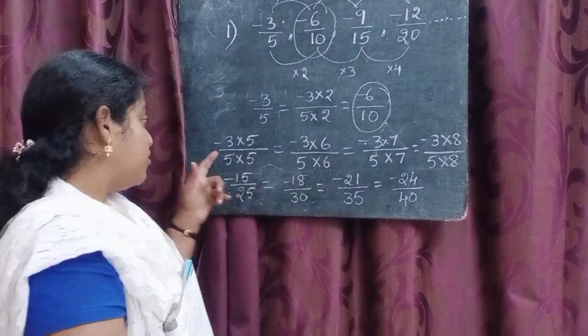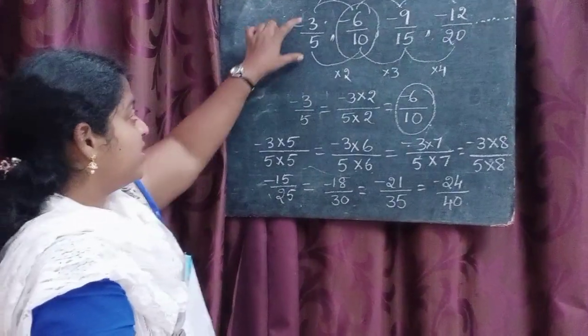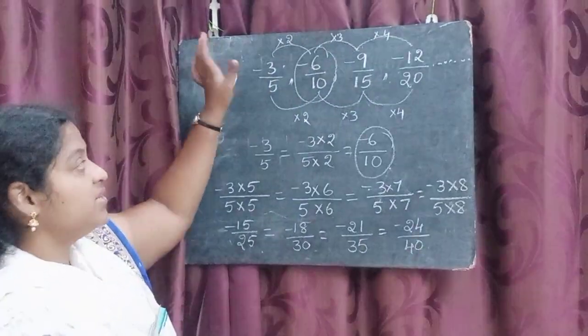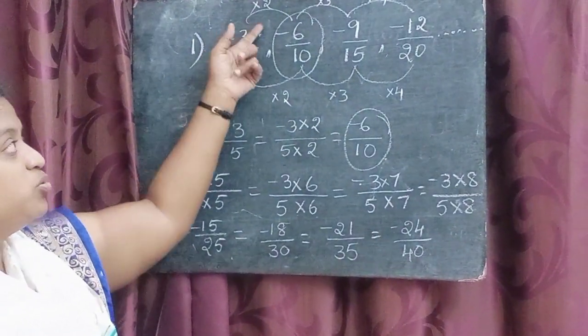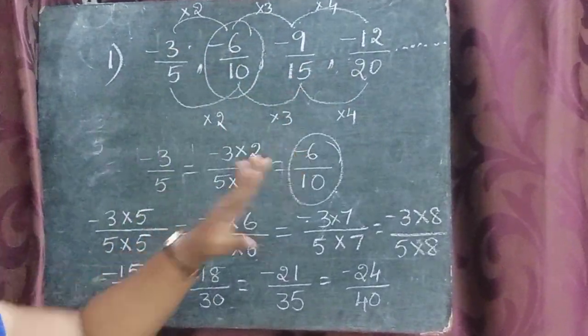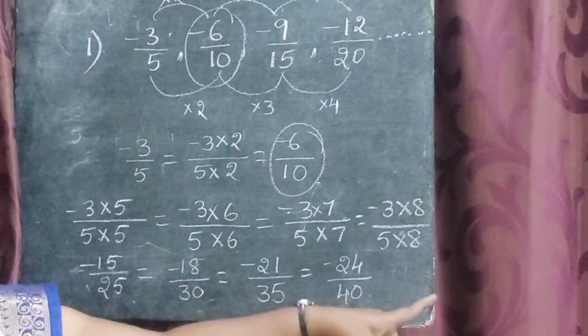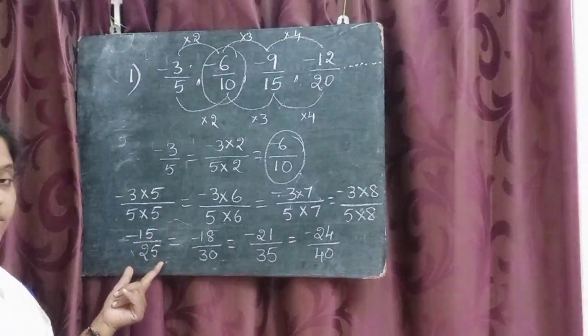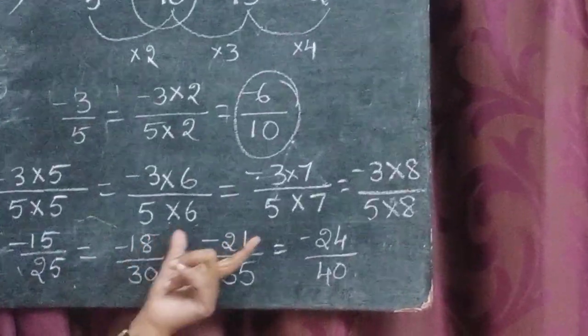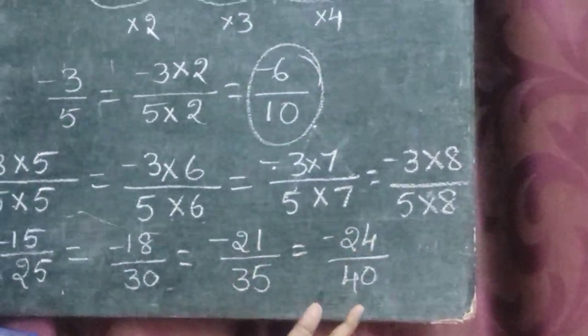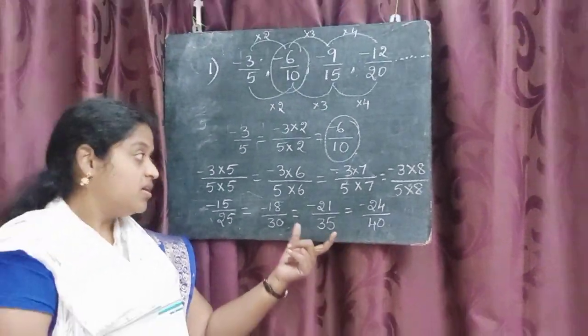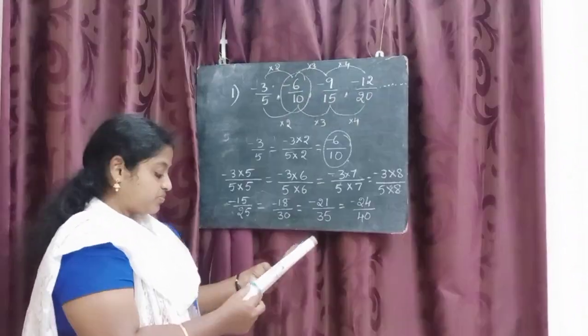Understood? So here the pattern is multiplying the 3 and 5 with 2, 3, 4. The next numbers will be 5, 6, 7, 8. So the order is -15/25, -18/30, -21/35, -24/40. Understood? Shall we see the next problem?